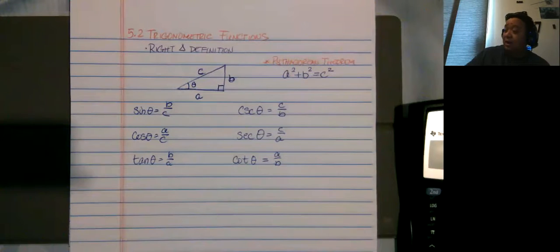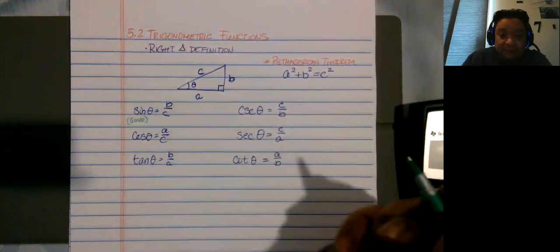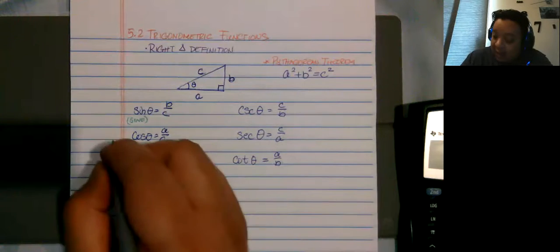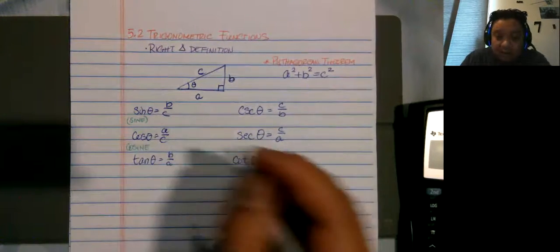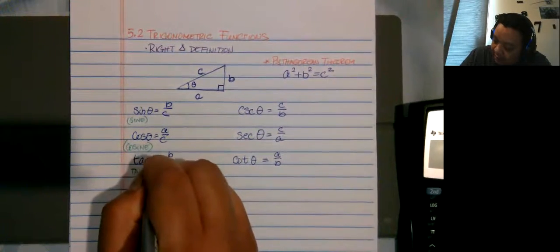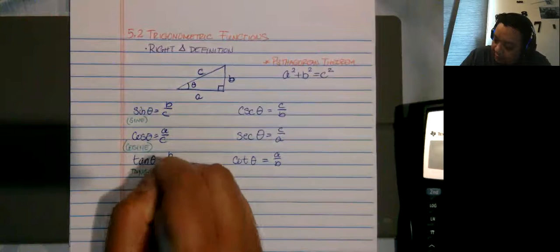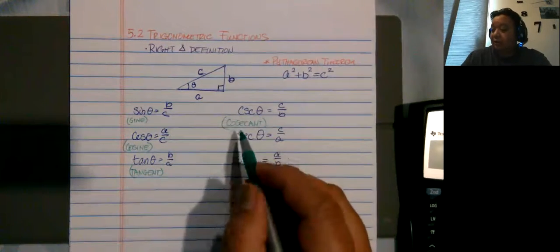Now, right underneath each one, I'm going to write out the full word of that function. So SIN is just a shortcut for sine. Cosine, tangent, cosecant.